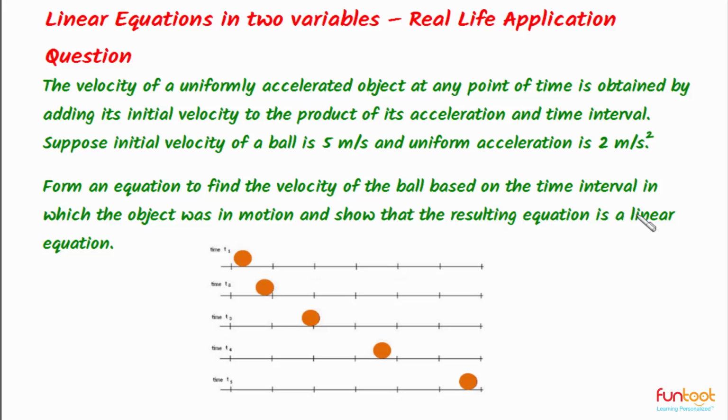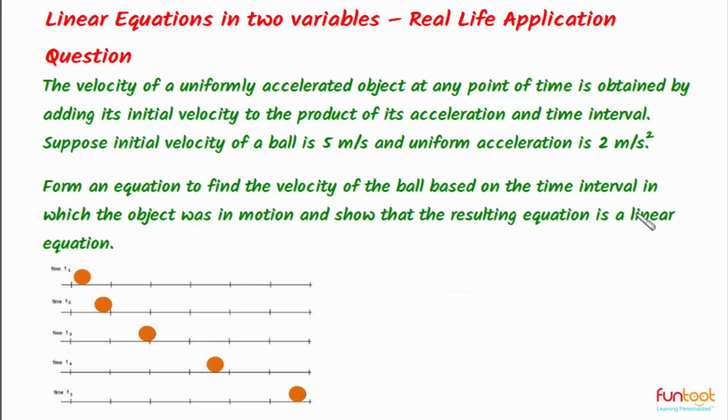Let's discuss the approach for doing this question. So first of all, we should identify those quantities between which we have to form a relation. Those quantities are final velocity, initial velocity, acceleration and time interval.